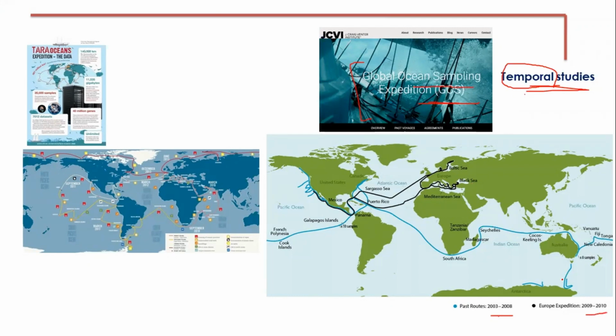So this is the path that the research vessel took in order to collect the microbial data from different parts of the ocean. And the one example I gave already is the Tara Oceans, which for close to 10 years collected samples in different parts of the oceans.